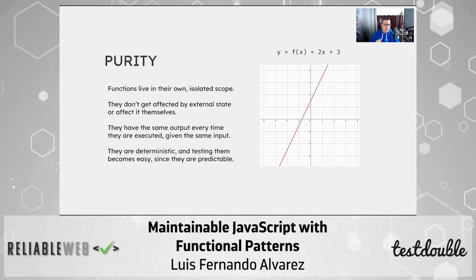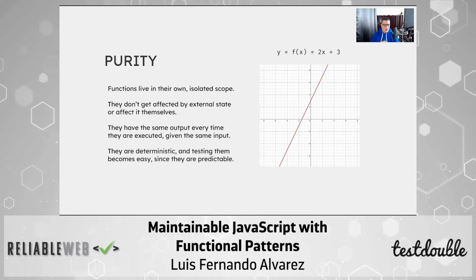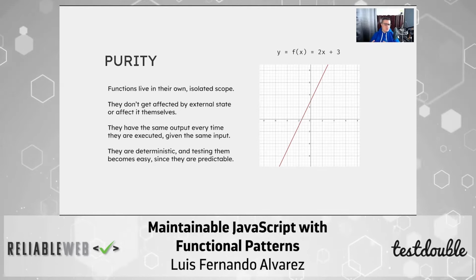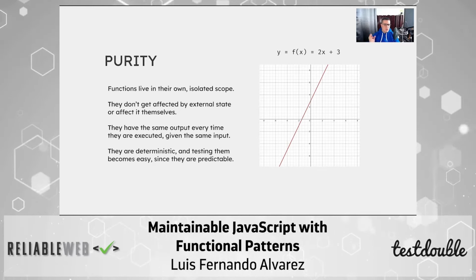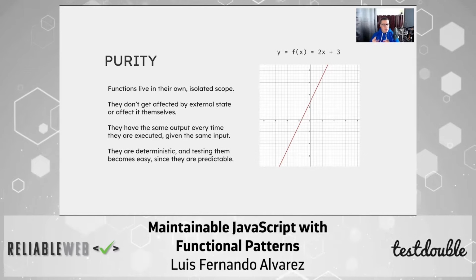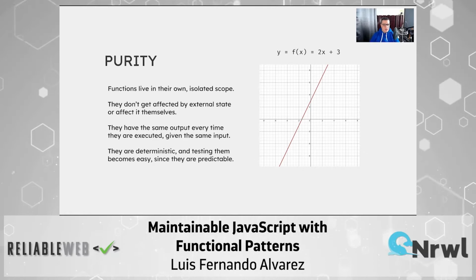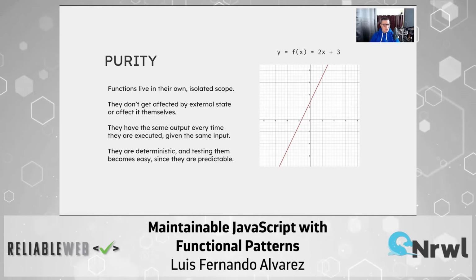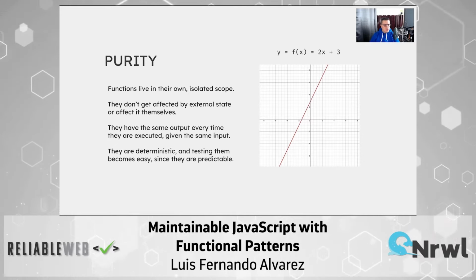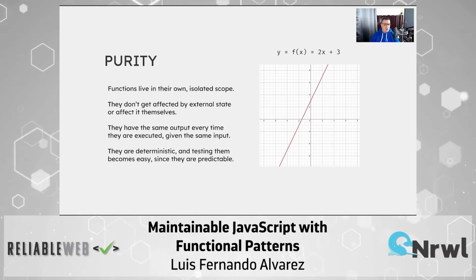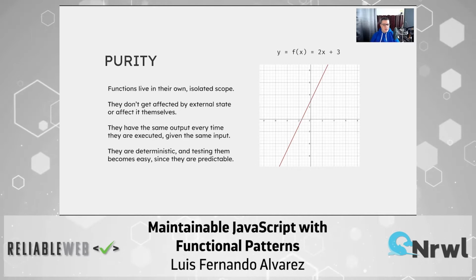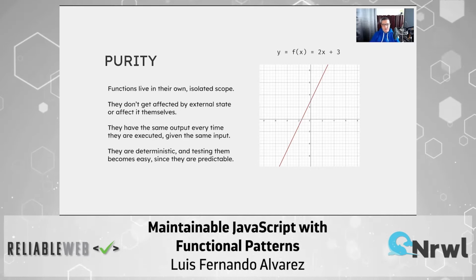Remember our algebra classes where you were asked to draw a function or just have a function there. So we have a function that is dependent on the x value, and if you give a particular number to that function, then it would get a particular output. And there's no way that you could give that function the same input and get a different output.